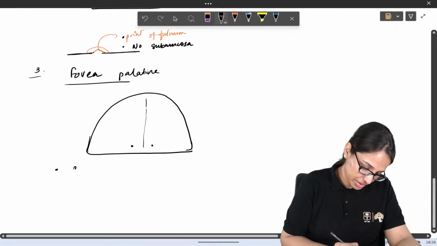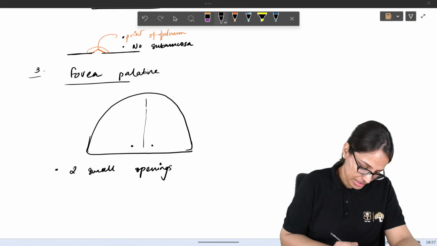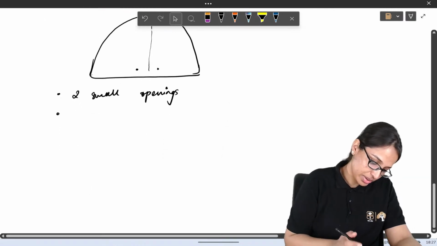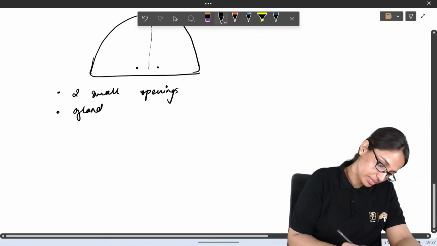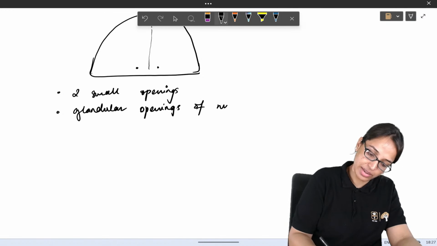In the posterior region, you see two small openings. They are not visible in all patients, but you can see them in some patients. These are glandular openings of minor salivary glands.